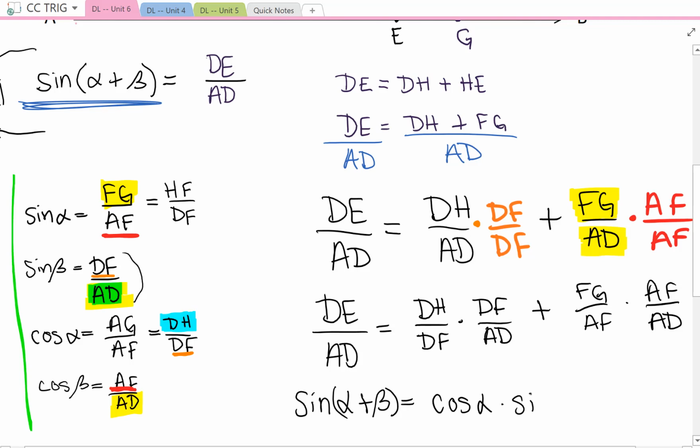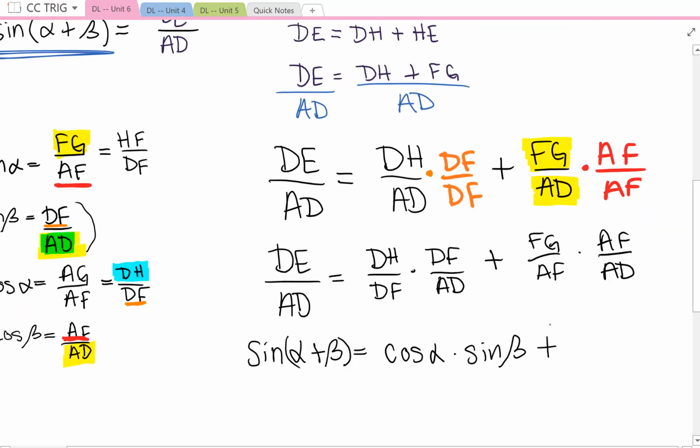That's sine beta. Add it to FG over AF is sine alpha. AF over AD is cosine beta.